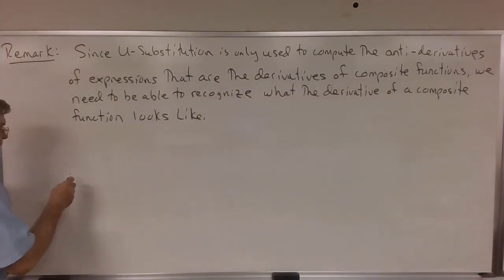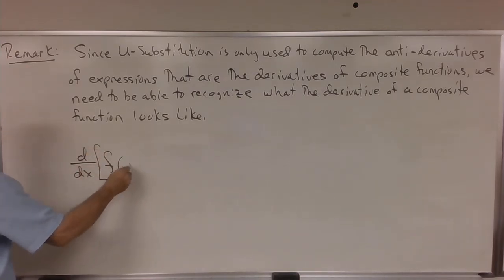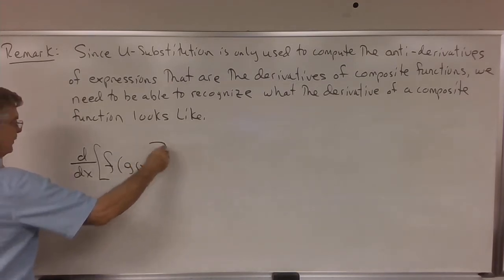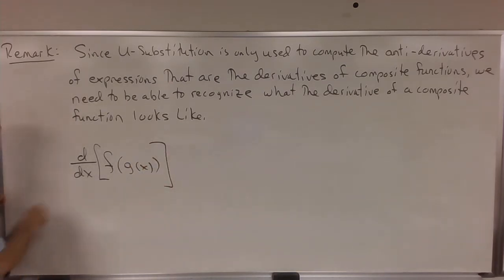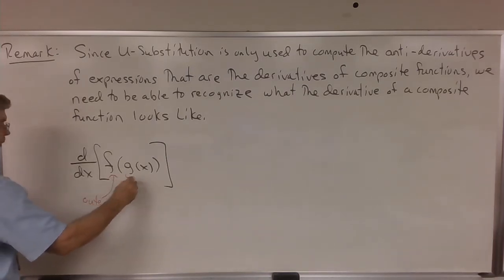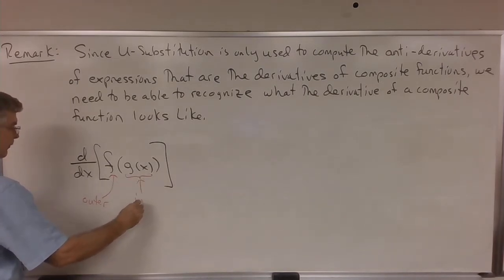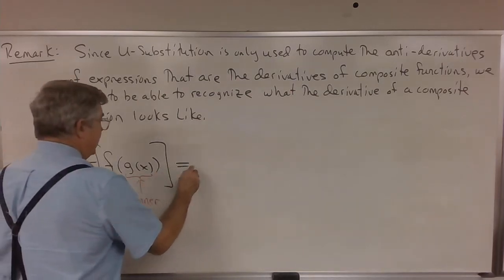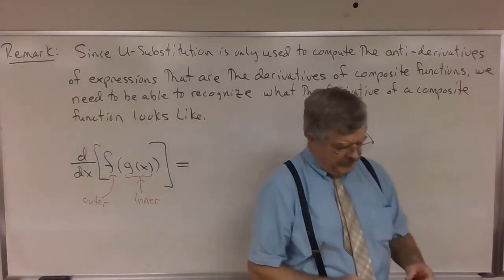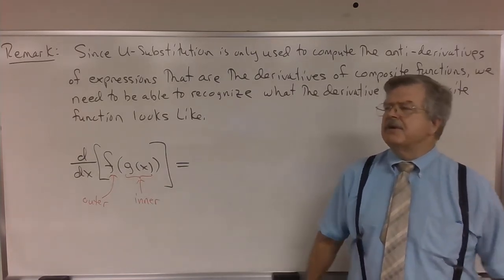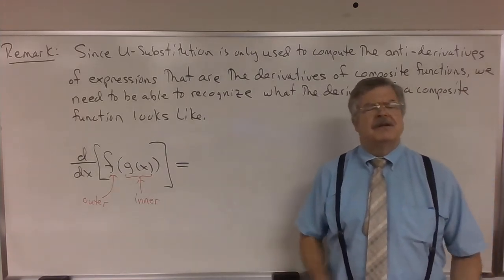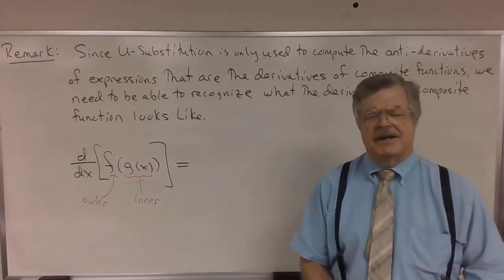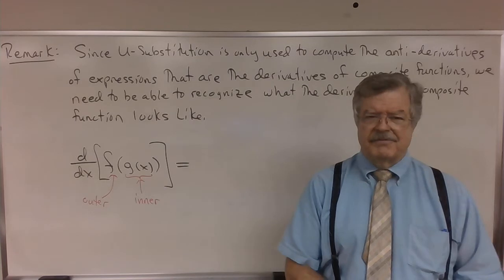We'll write down a generic composite function. And we have an outer function. We have an inner function. And what do we get? Well, we know what we get because for a few weeks we've been walking around saying to ourselves, derivative of the outer, evaluated at the inner, times the derivative of the inner.